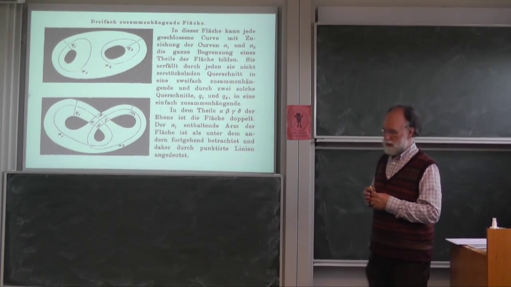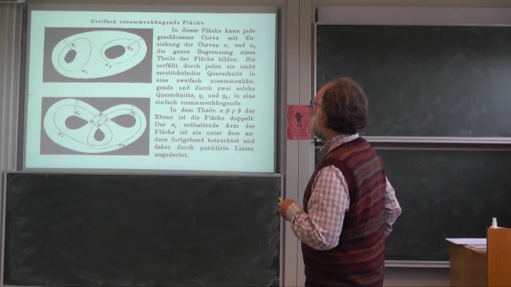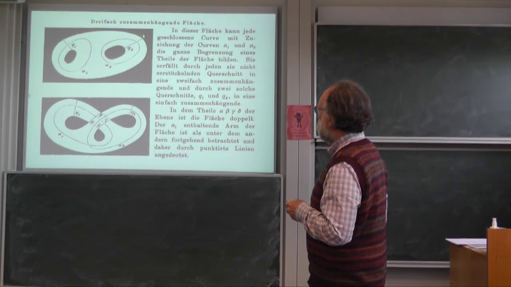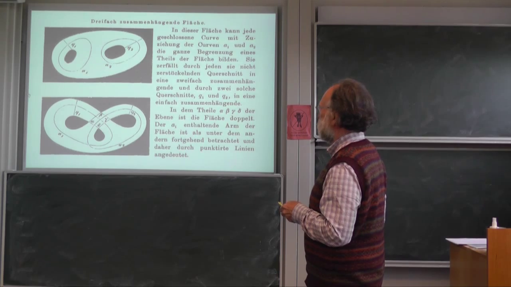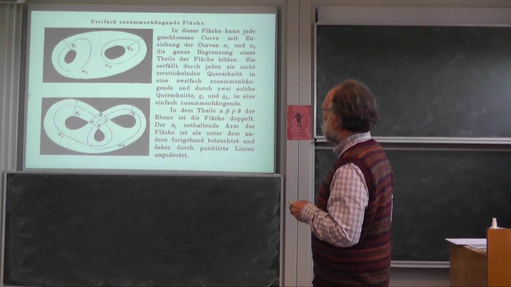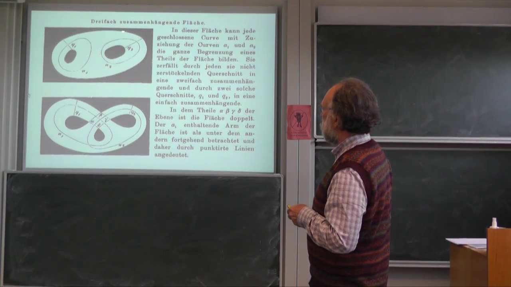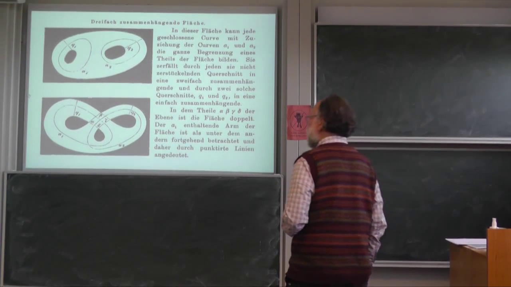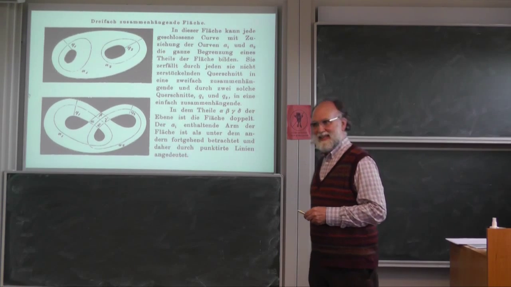And then he goes on to what he calls threefold connected regions. So here you have two Querschnitte, two cuts like this, and so this is okay. And then he gives this example, and this example perplexed me for a long, long time.